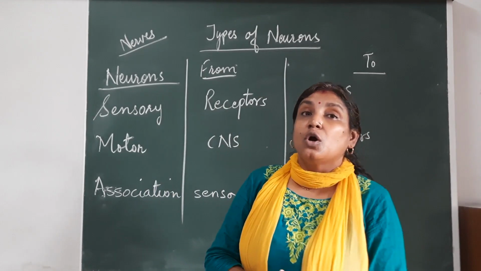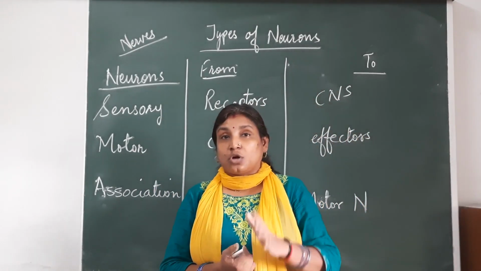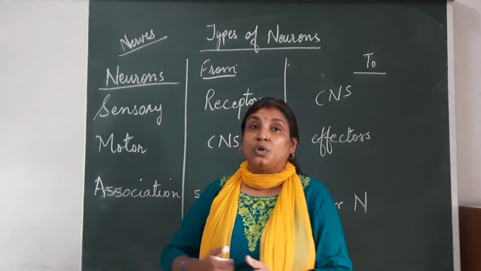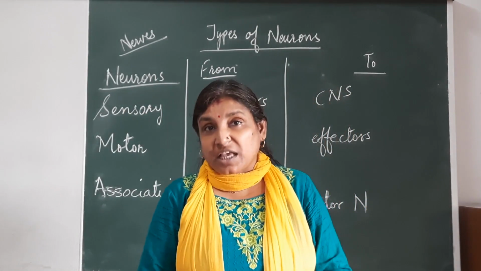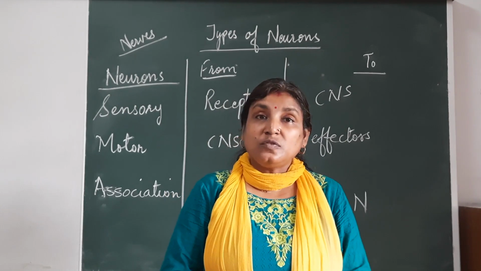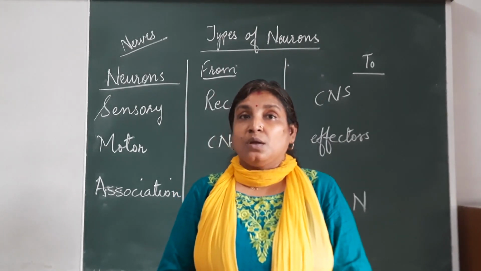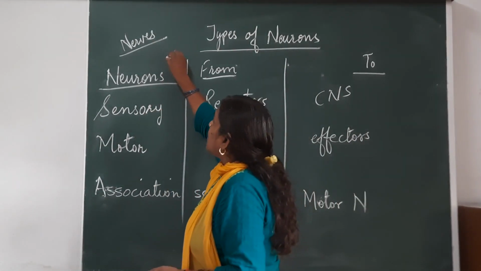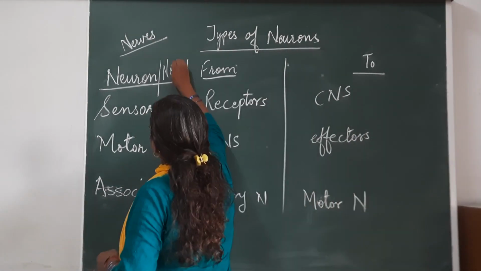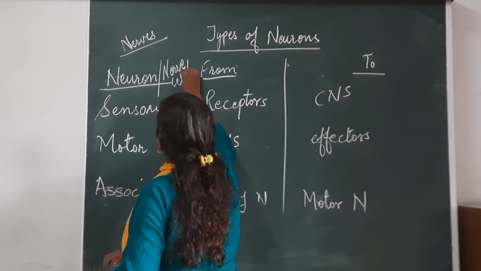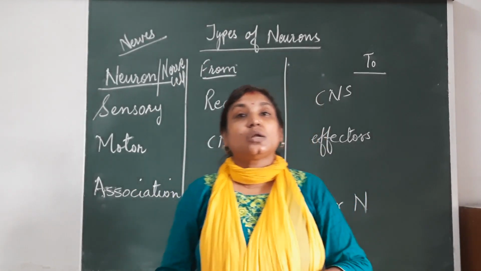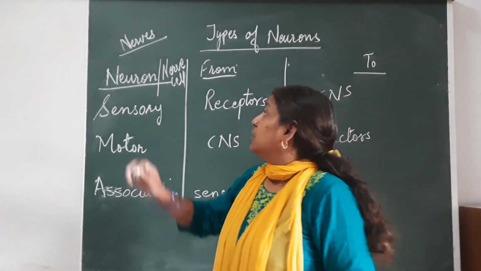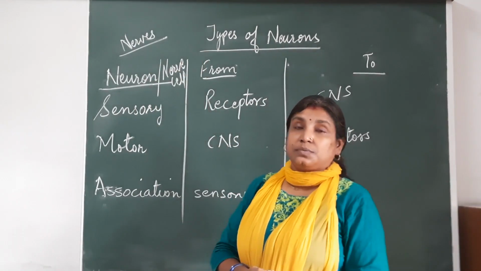So it's neuron, or if you want to use the word nerve, you will say nerve cell, not nerves or nerve fibers. Nerves and nerve fibers are one and the same thing, whereas neurons are also known as nerve cells. Clear?